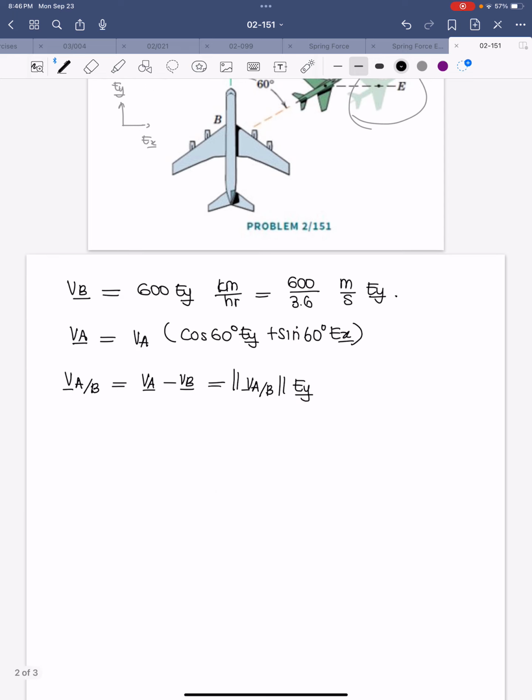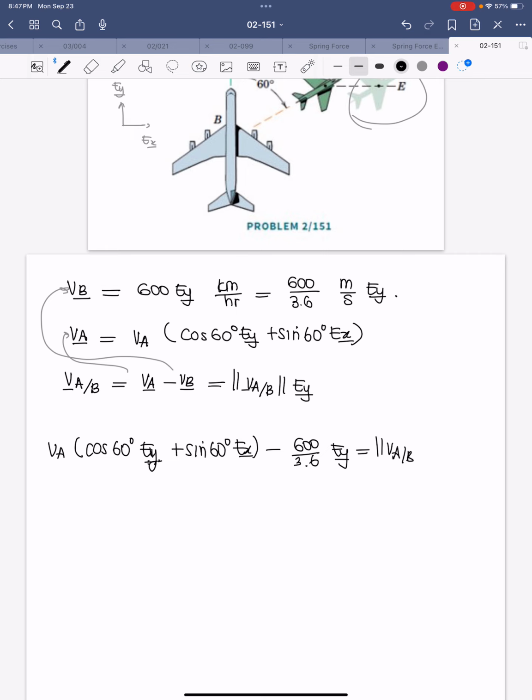So then I can write, replacing VA by its expression from here, VB by its expression from here, to say that VA cosine 60 degrees EY, plus sine 60 degrees EX minus 600 over 3.6 EY is equal to the magnitude of VA with respect to B, VA minus VB EY.